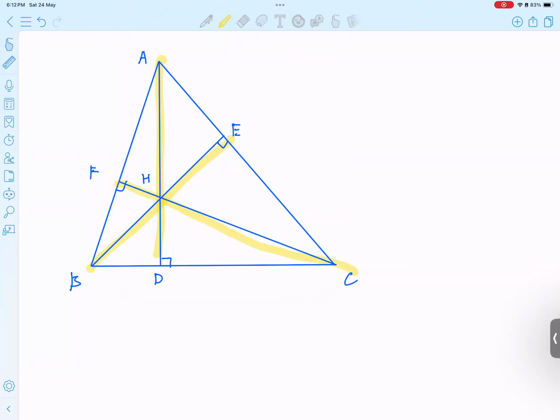They're all concurrent at one point, and we call this the orthocenter. So the first exercise would be to prove the existence of the orthocenter as illustrated on the handout.